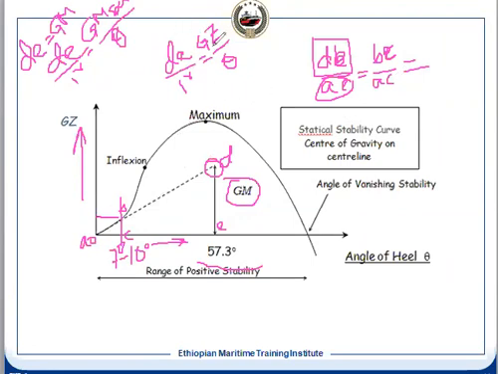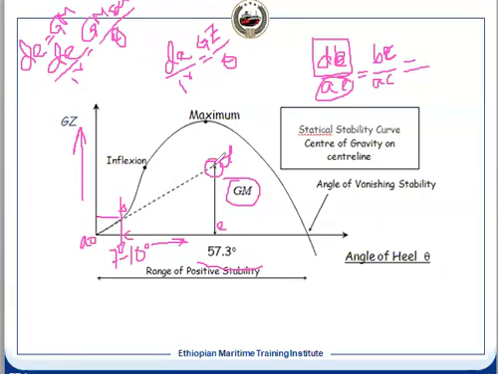From here, GZ we can replace with GM sine theta, and for a small angle of heel we can consider sine theta equal to theta. So we can cancel it out, and because this is 1, DE will become GM. That is the reason we draw a vertical line at 1 radian, that is 57.3 degrees, and draw a tangent from 0 to the curve up to this line.